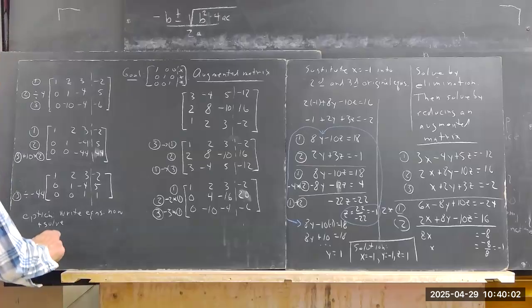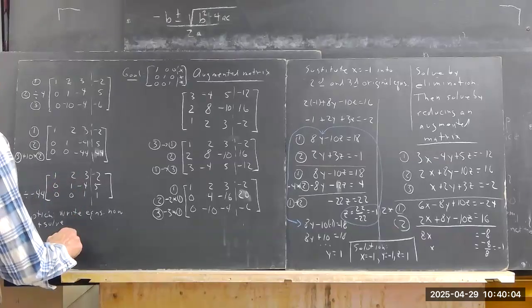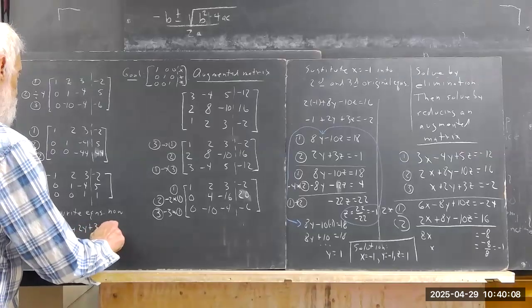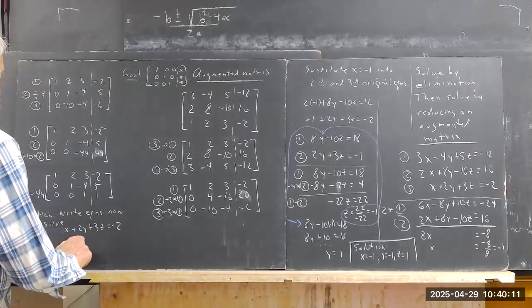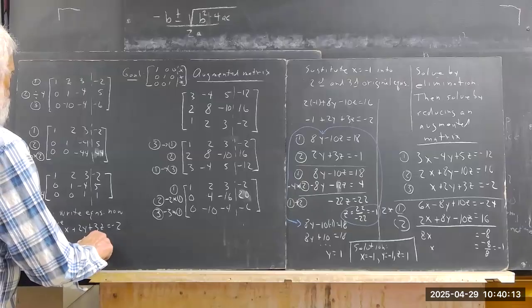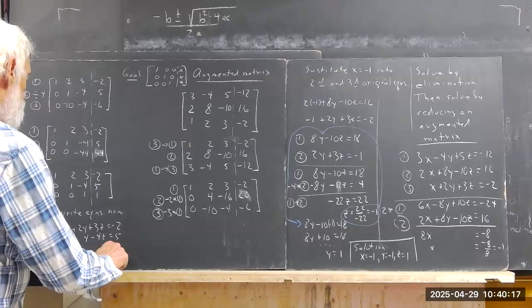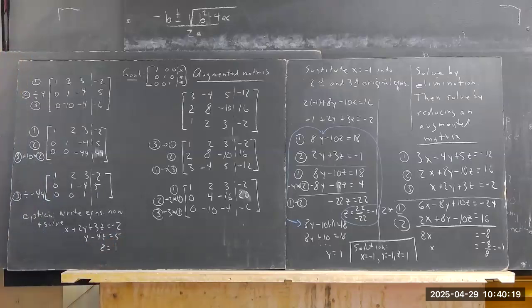Equations now and solve. First equation would be x plus 2y plus 3z equals -2. Y minus 4z equals 5. Z equals 1.